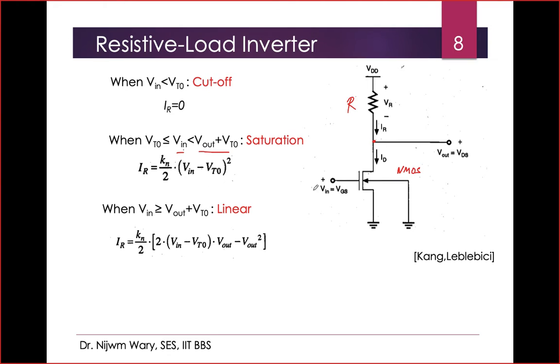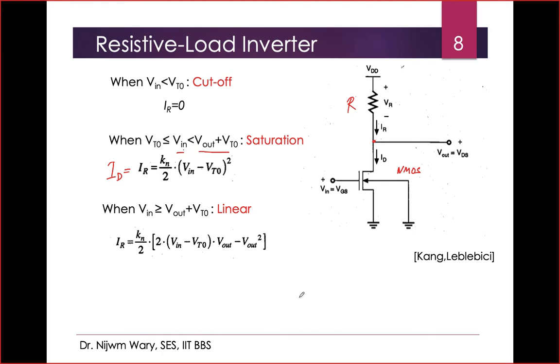In that situation, this NMOS device will be in the saturation region, and the current through this NMOS and through this resistor, which are the same, ID equal to IR, will be defined by the simple MOSFET equation: Kn times (VGS minus VT0) whole squared.